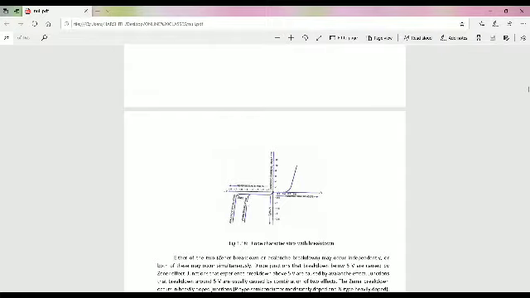Zener breakdown occurs for Zener diodes with Zener breakdown voltage less than 6 volts. That is very important: Zener breakdown occurs for diodes with VBR less than 6 volts.